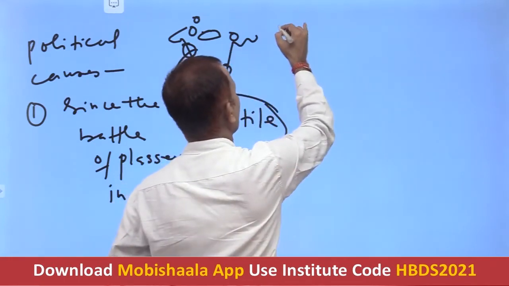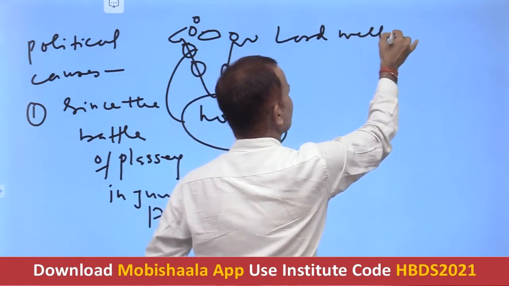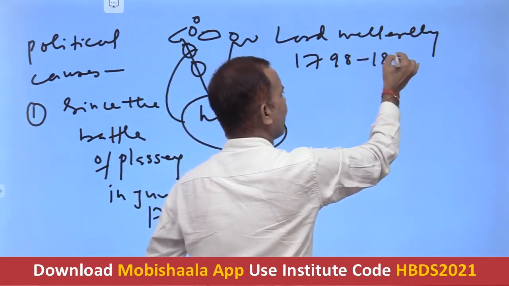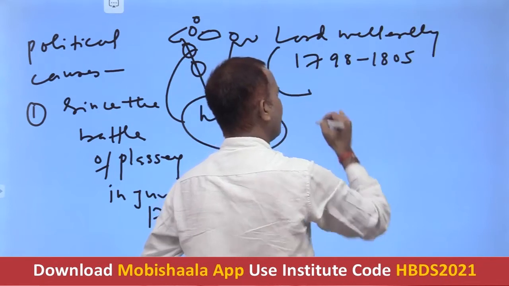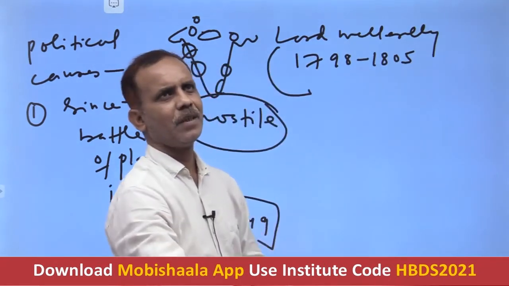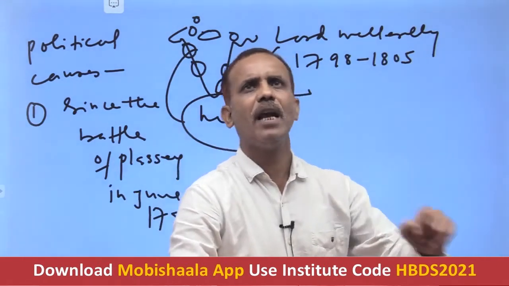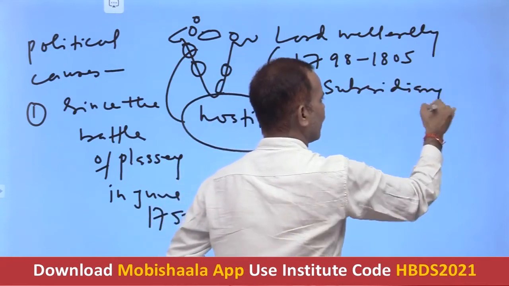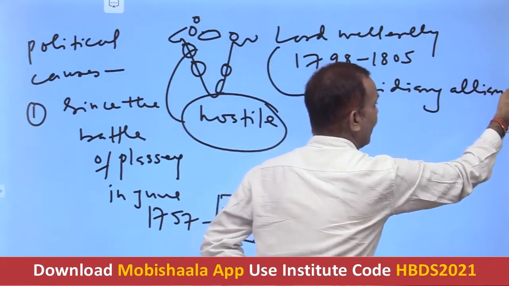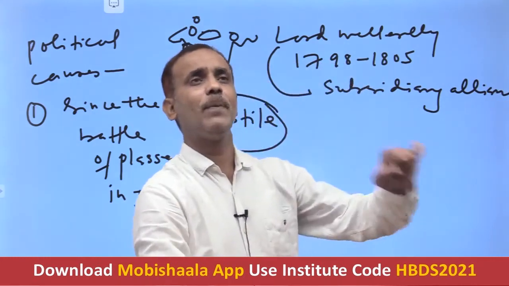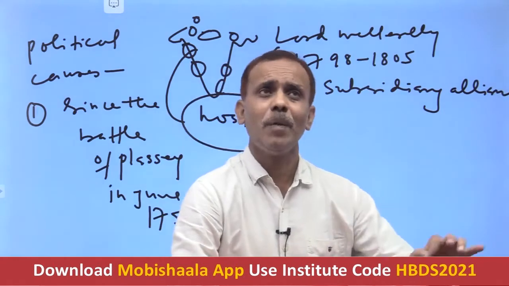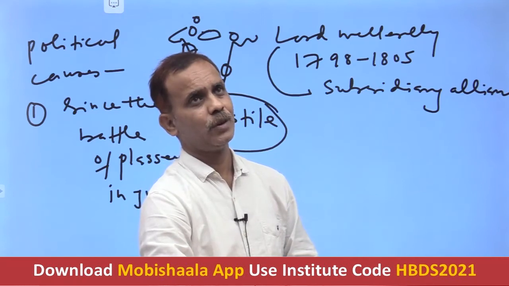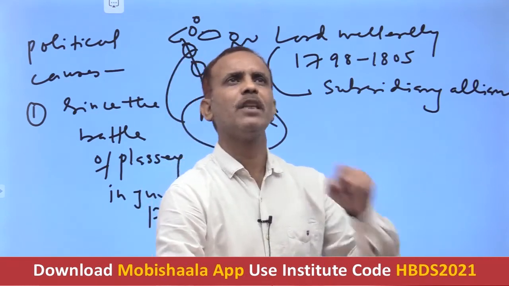For example, Lord Wellesley, from 1798 to 1805, presented a colonial instrument of subsidiary alliance, in the name of invasion of Napoleon, and thereby Lord Wellesley compelled Indian rulers to accept British supremacy.